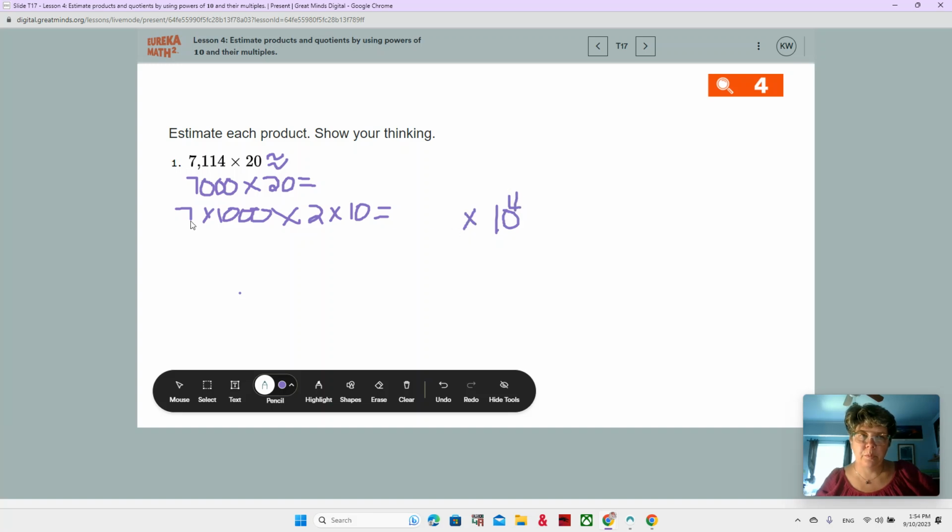Now, 7 times 2, 14. 14 times 10 to the 4th power, 14 and 4 zeros, 1, 2, 3, 4. And then we can go back and put our commas in there. 1,400, I'm sorry, 140,000, right?